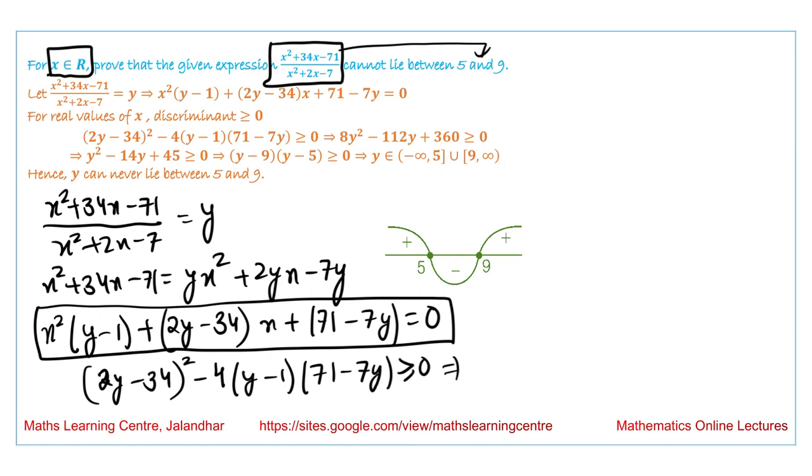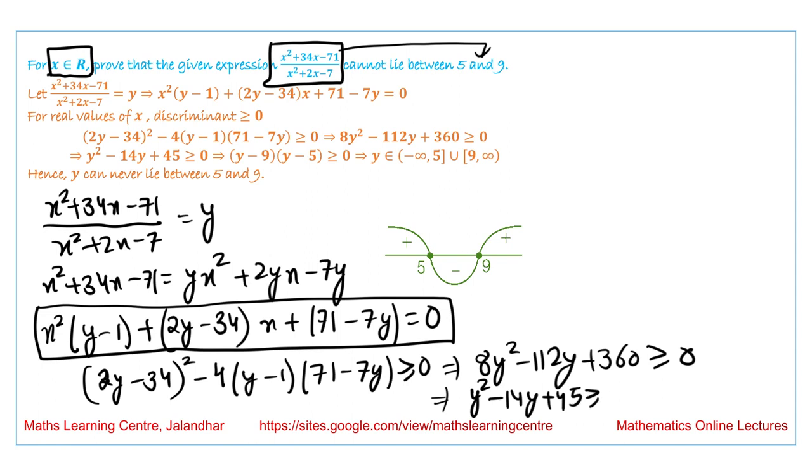This implies 8y square minus 112y plus 360 is greater than or equal to 0. Taking 8 common, we get y square minus 14y plus 45 is greater than or equal to 0, which implies (y minus 9) into (y minus 5) is greater than or equal to 0.